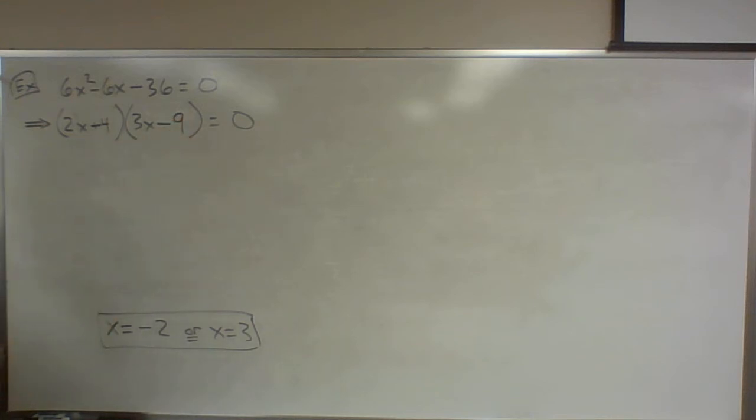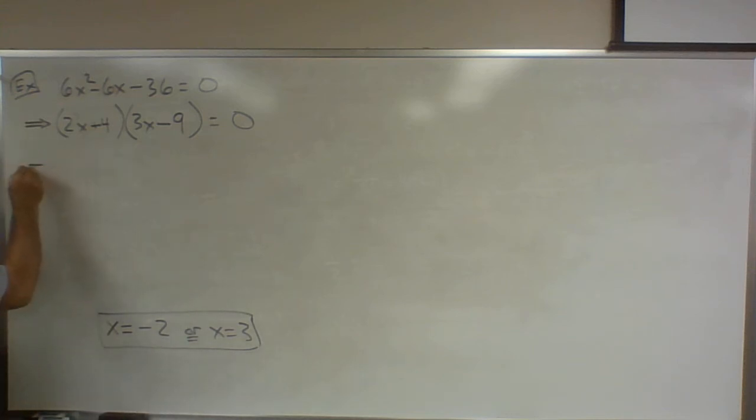I think that's how it works out. Let's check. 4 times 3x is 12x, and 2x times -9 is -18x, and we combine those and we get -6x. This is the correct factoring.